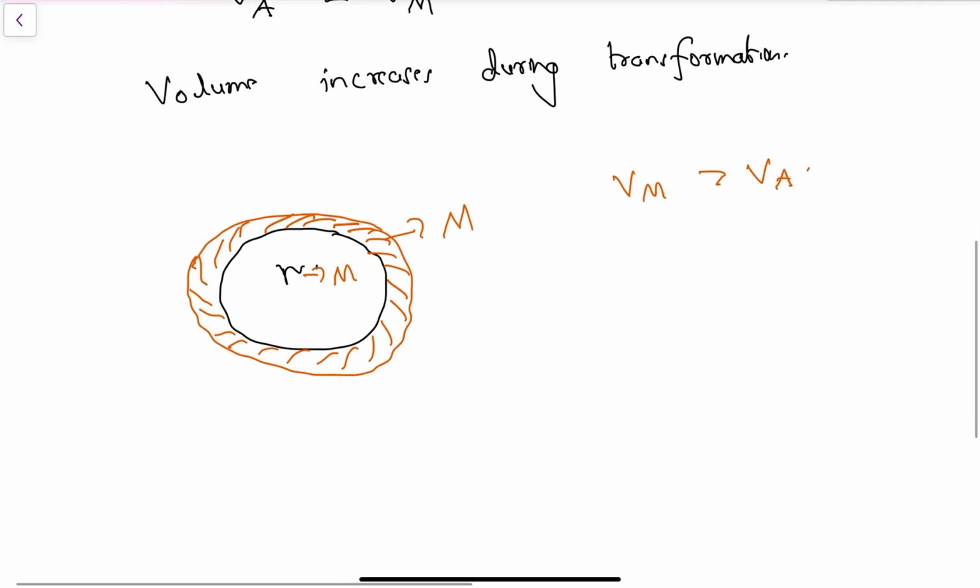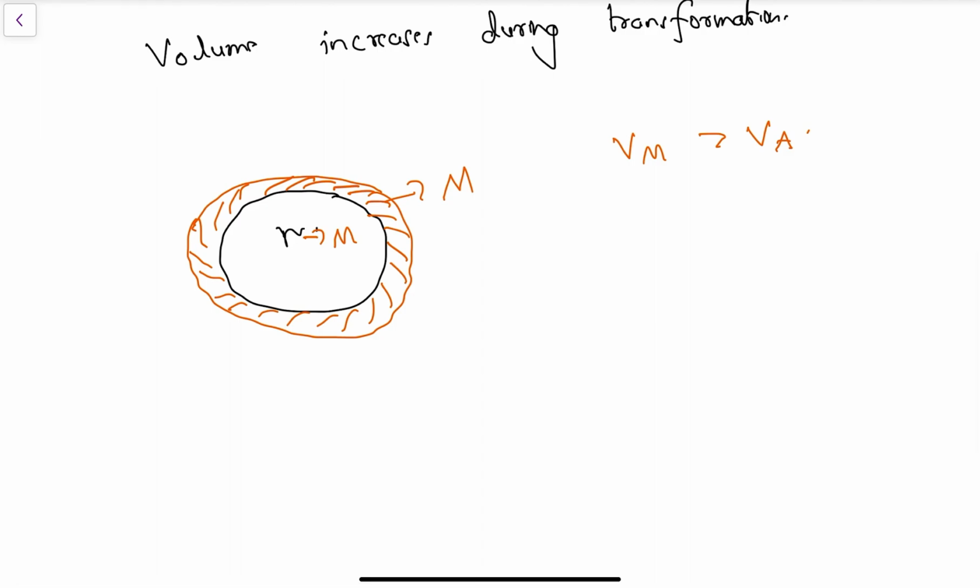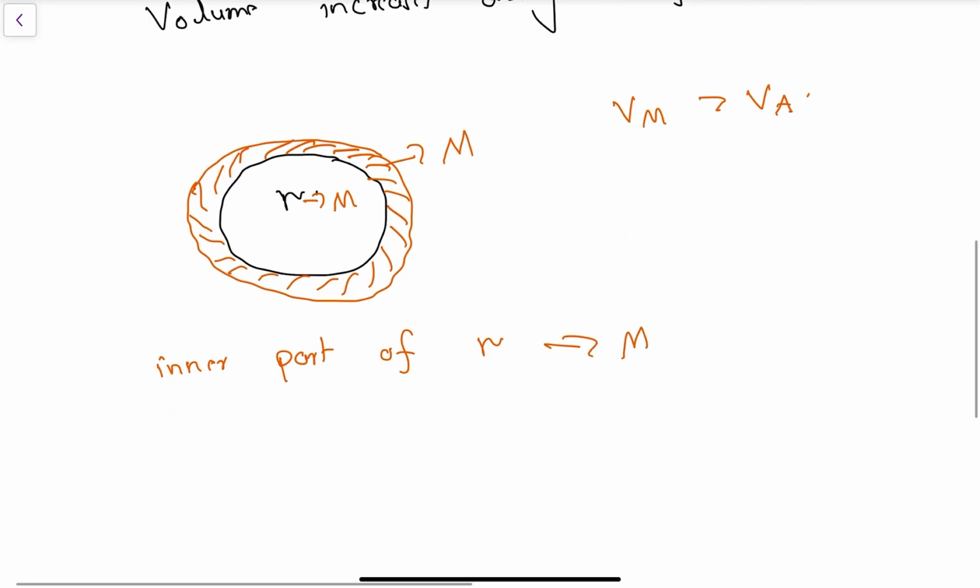So when the inner part of austenite gets transformed to martensite, the associated volume expansion means it would try to expand.